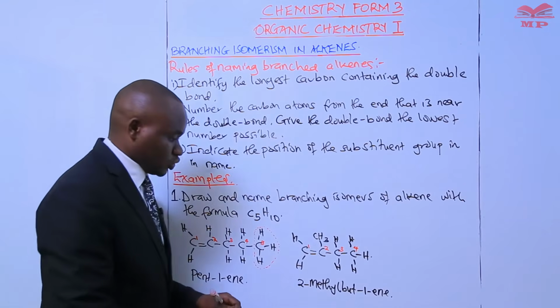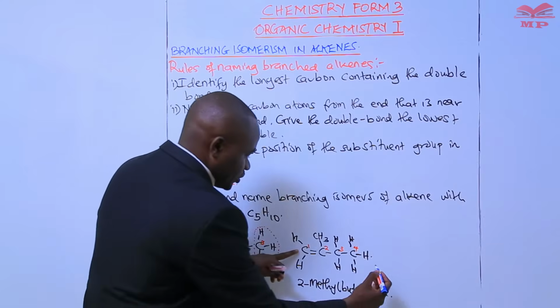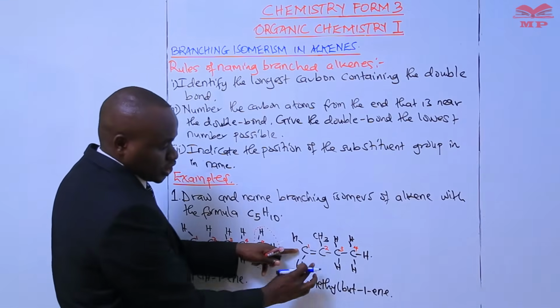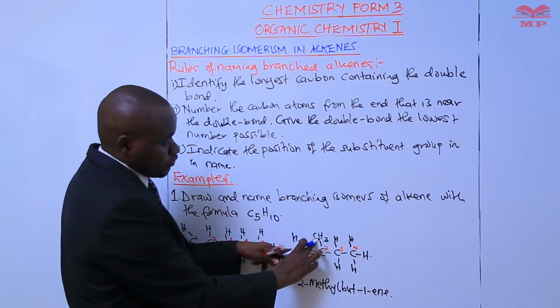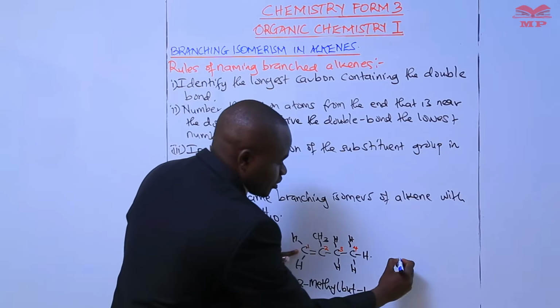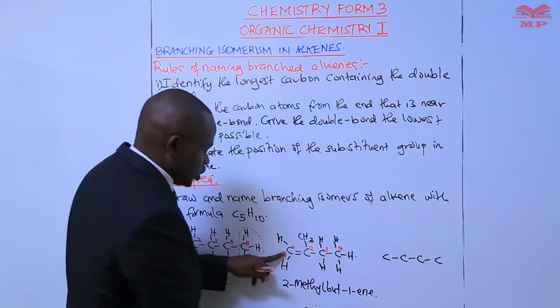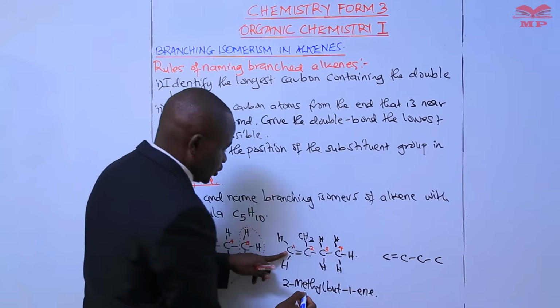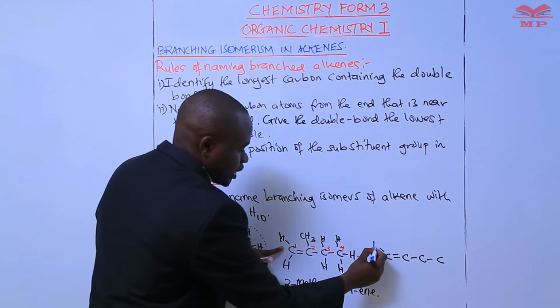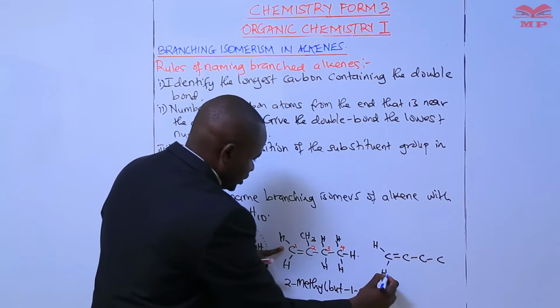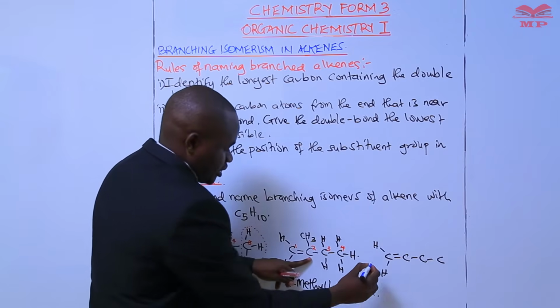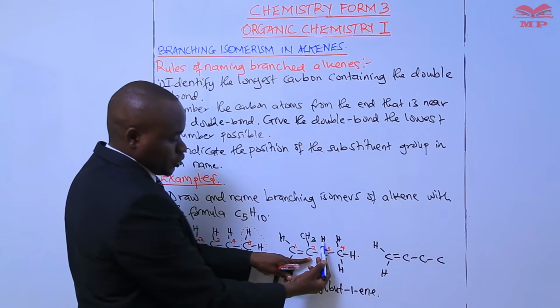So this is what I mean by that. So we shall draw this compound here. What is going to change is the position of the methyl group. So I'll have my carbon atoms. They are 4 in the parent chain and the double bond. Then I'll have hydrogen. Then I'm simply going to interchange this hydrogen.